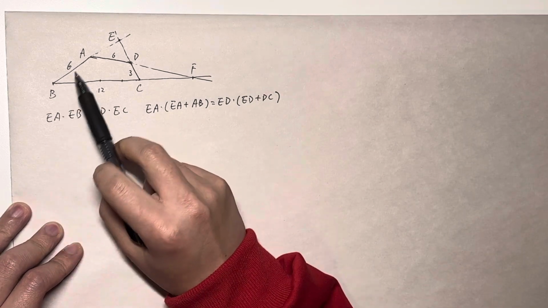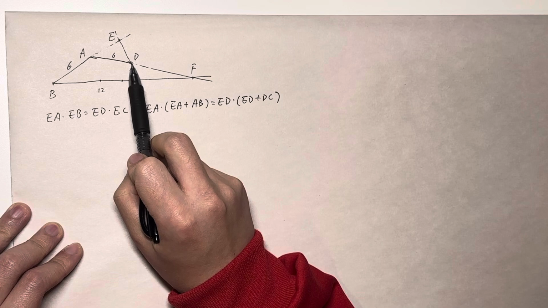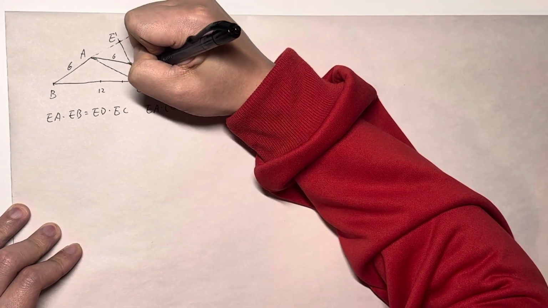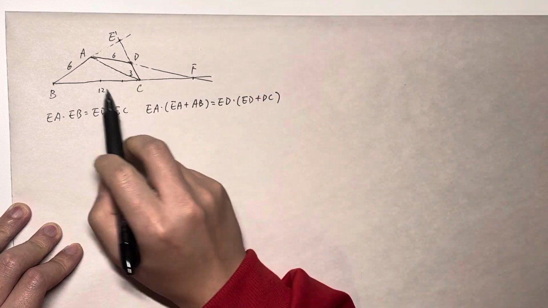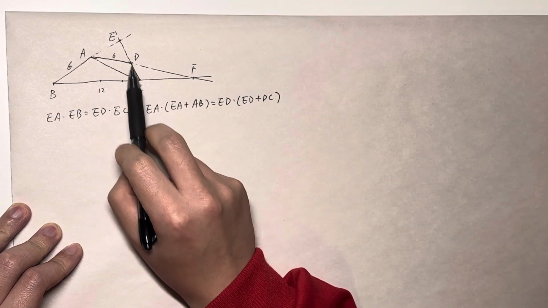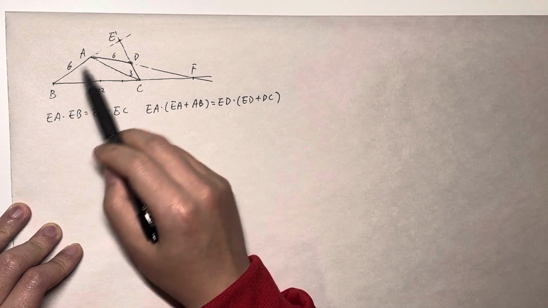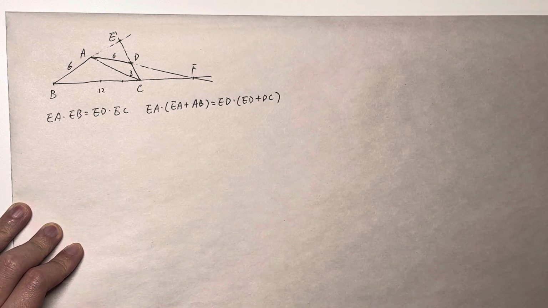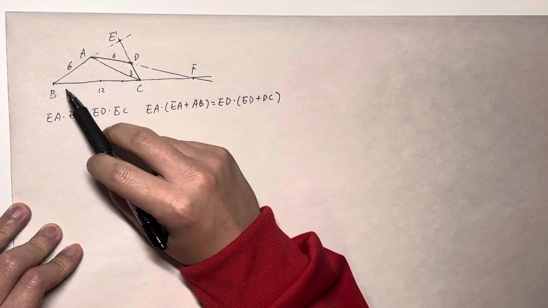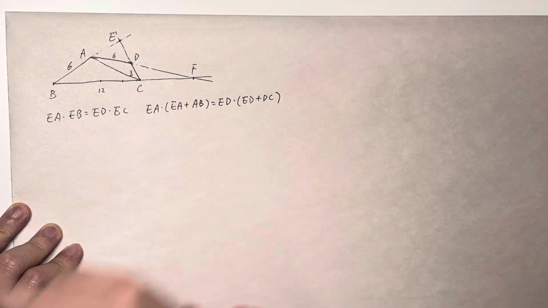And notice that AB equals AD. That means if we connect AC, the angle ACB equals angle ACD, right? Because the chords are equal. So we know that AC is the angle bisector of angle BCE.